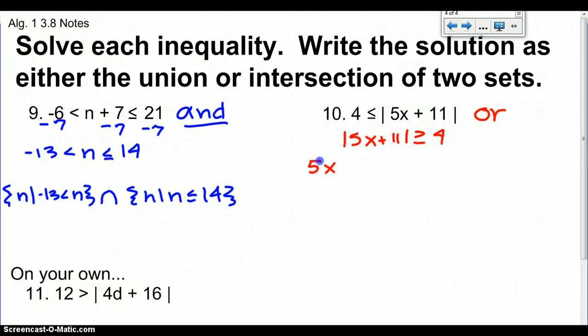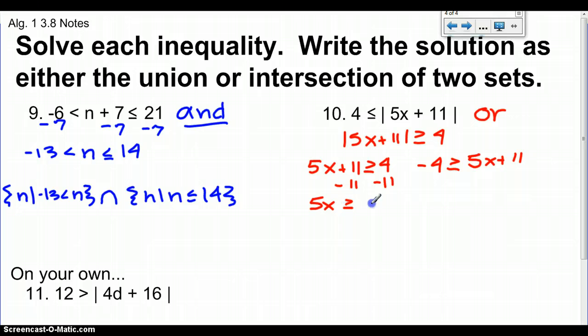So we have 5x plus 11 is greater than or equal to 4. And then we have negative 4 is greater than or equal to 5x plus 11. And then we need to solve both of those. We subtract 11 from each side of this one. We have 5x is greater than or equal to negative 7.